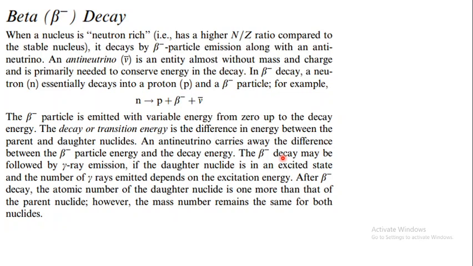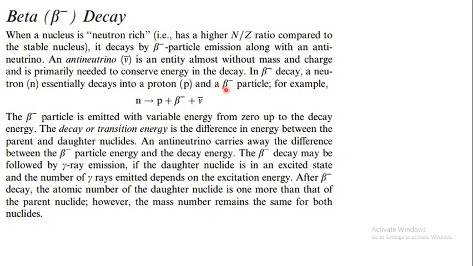In beta decay, a neutron essentially decays into a proton and a beta particle. For example, a neutron disintegrates into a proton and a beta particle plus an antineutrino. The beta particle is emitted with variable energy from 0 up to the decay energy.